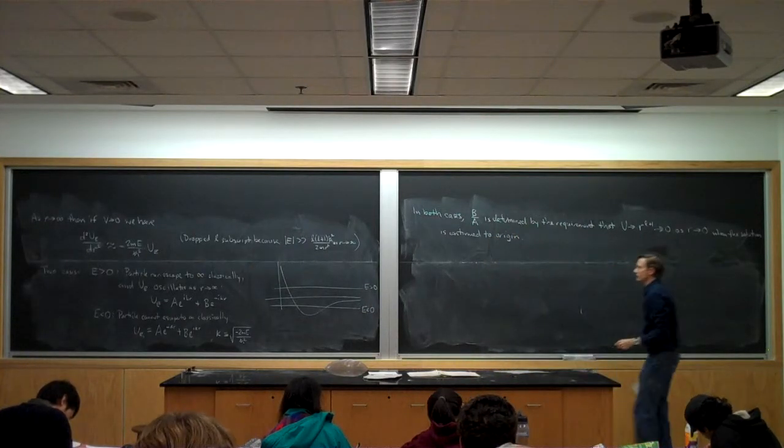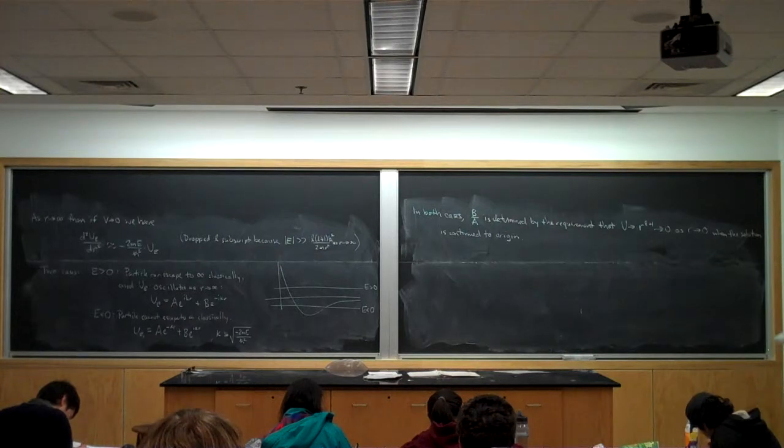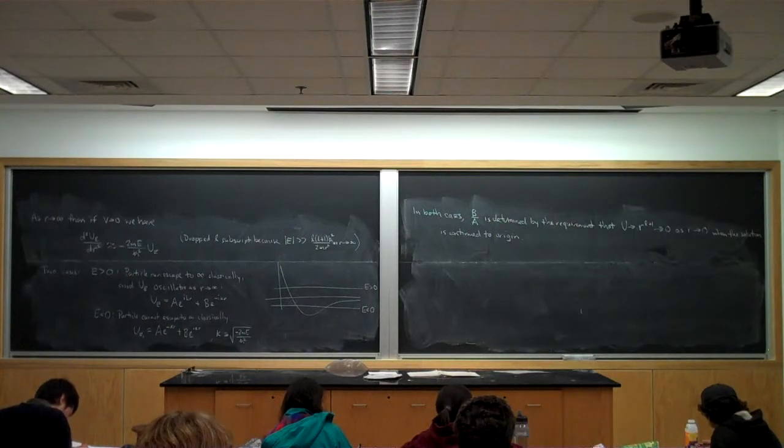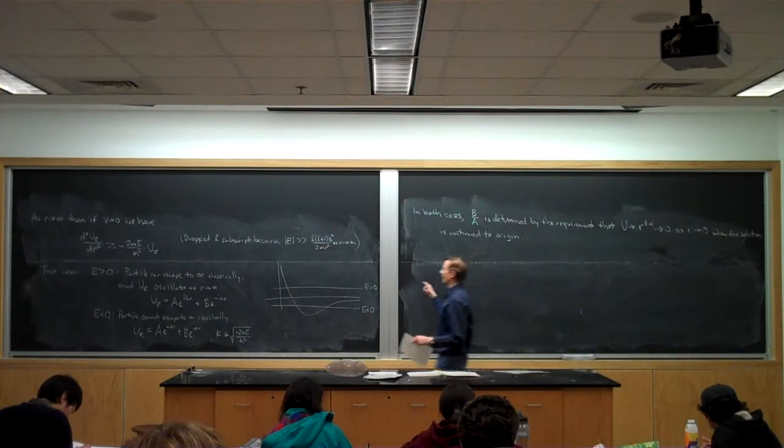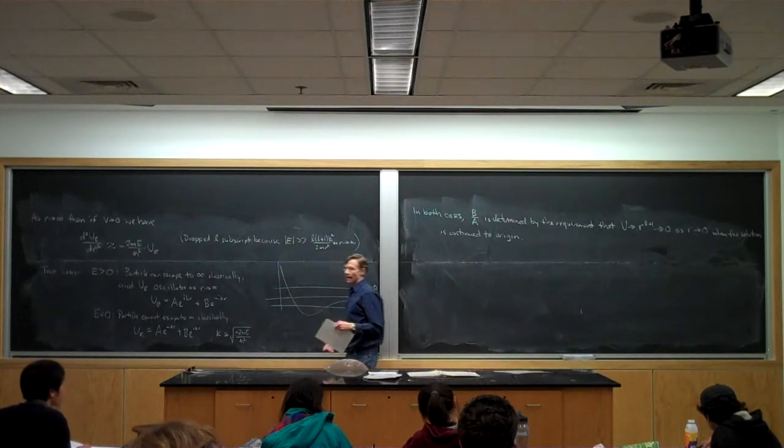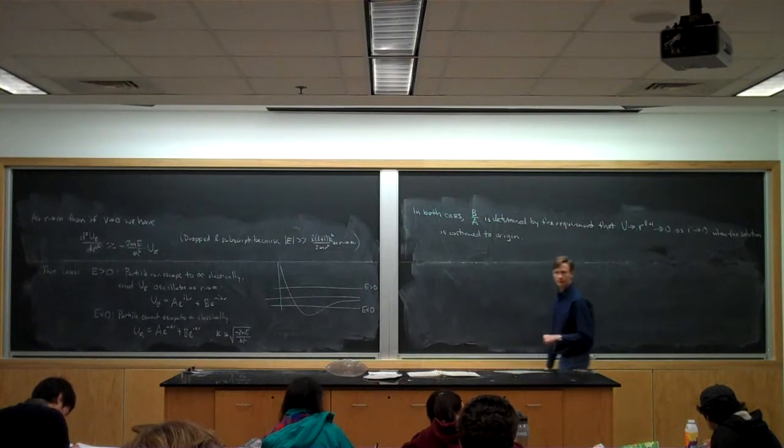If E is greater than 0, you get a solution for every value of E, and the ratio of A to B is set by the fact that the solution has to approach 0 as you go to the origin.